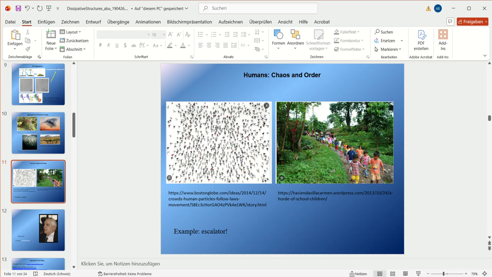And sometimes you can see a transition between these two. For example, orderly structures can dissolve, for example, if you have a revolution. But also the inverse thing can happen.